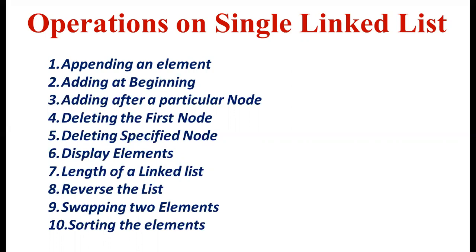So all these operations we can perform on a single linked list. Let us discuss all these operations one by one. Of course, in new technologies like Java or .NET, all these functions are available directly in the collection framework, so there is no need to write these methods manually.